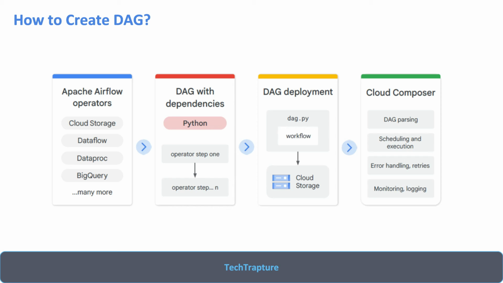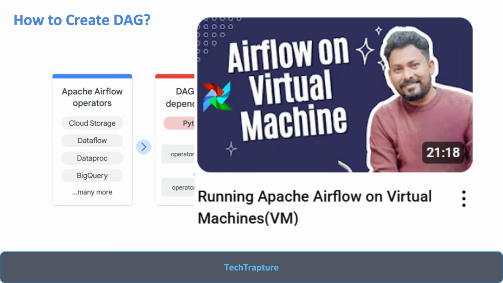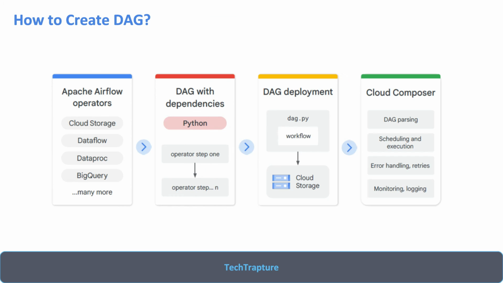If you are not sure of the path of your DAG folder, you can find it in the airflow.cfg file, where the exact path is defined. You can refer to my previous videos on how to install and deploy Airflow on a Linux VM, where I clearly mentioned how to use Airflow on a virtual machine.